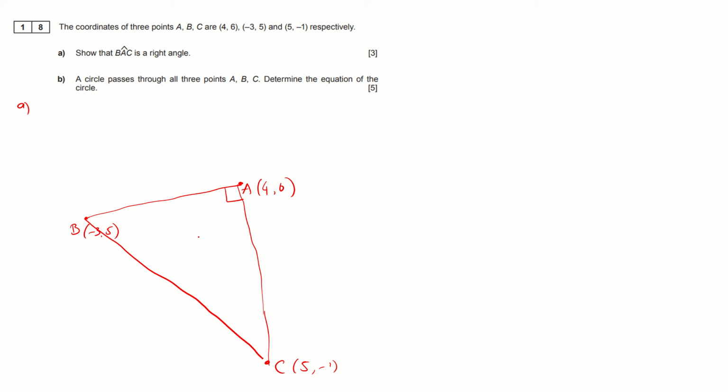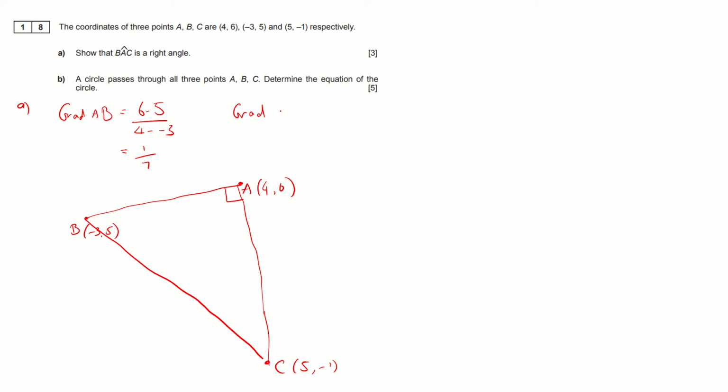Now, if I'm going to do that, and I have some coordinates, bit of coordinate geometry, I'll work out the steepness, the gradient of the line BA, and I will work out the gradient of AC separately, and I will prove that they're perpendicular. So, gradient of the line AB, y2 minus y1 over x2 minus x1, 6 minus 5 over 4 minus 3 comes out to be 1 over 7.